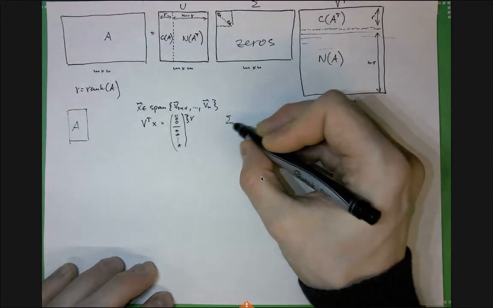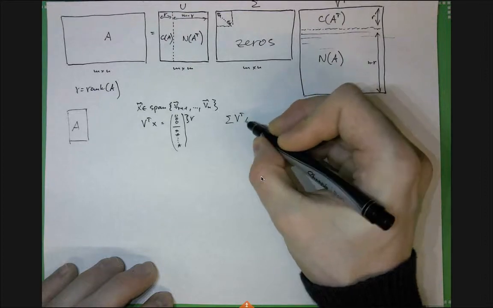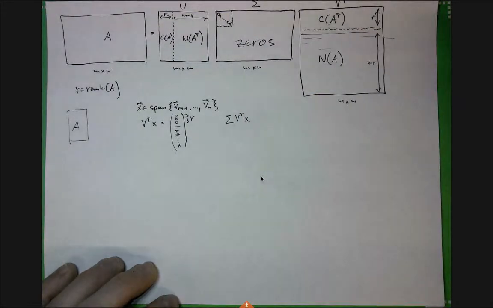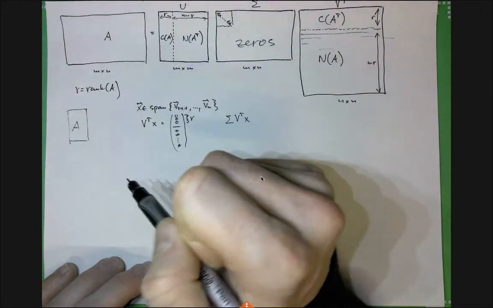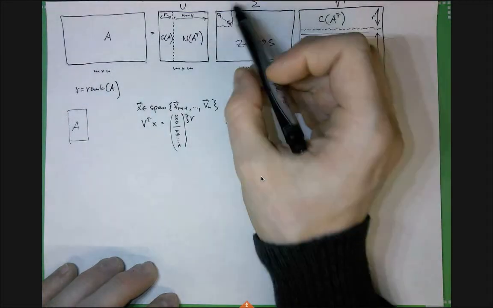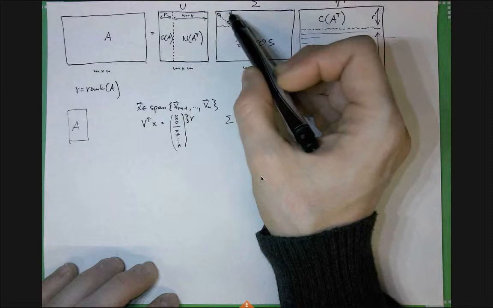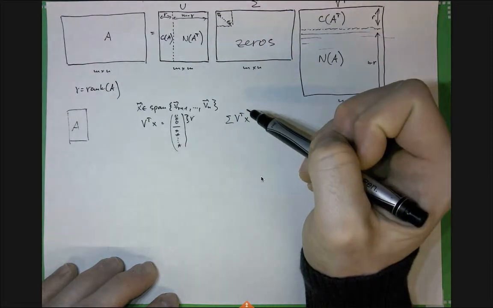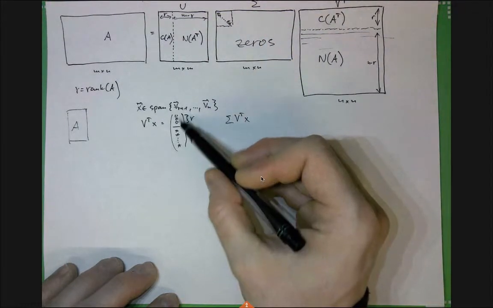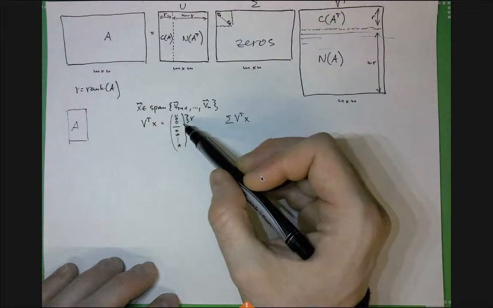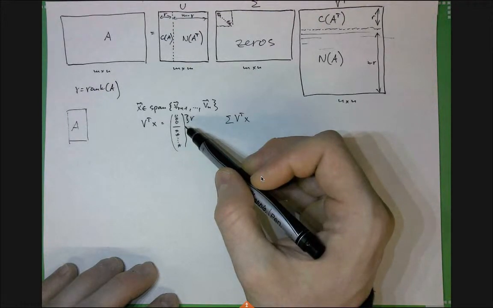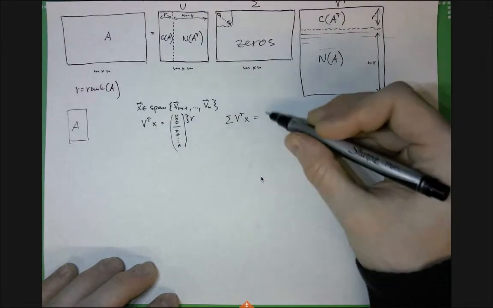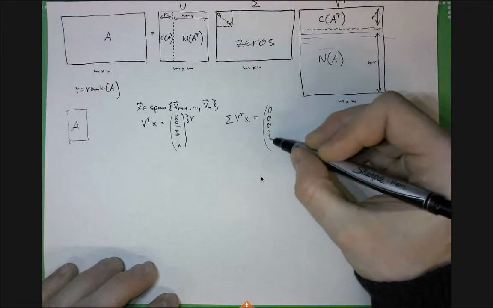Then if I multiply it with sigma, what do I get? Sigma is this, right? It only has non-zeros in the first R columns, right? If this has zeros in the first R components, what do I get? Zero, yeah. It's just absolute zero. It's just everything is zero.